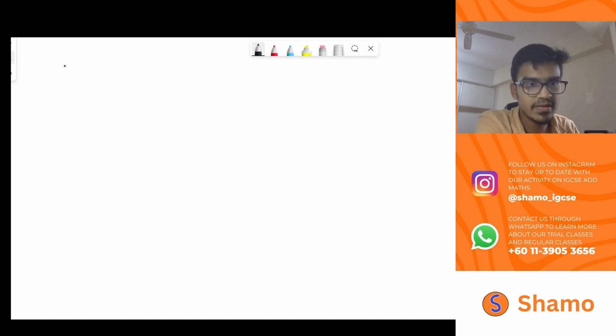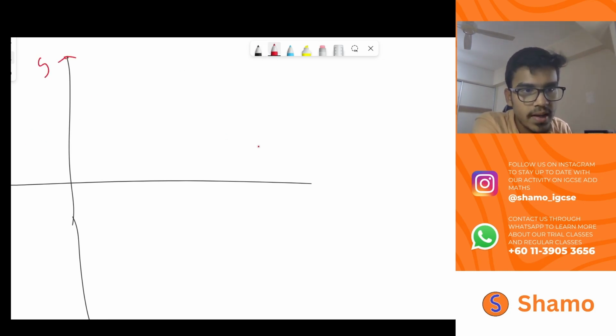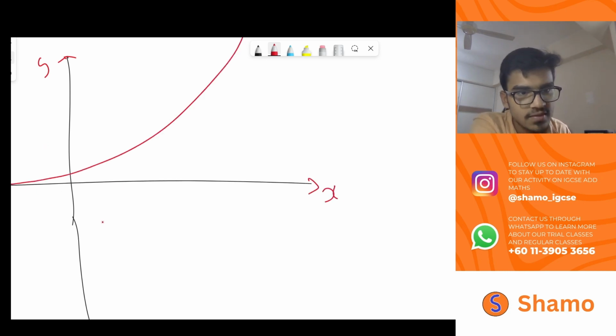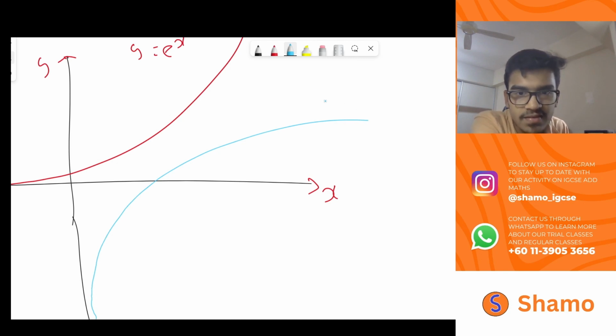Okay, let's plot e to the power x and ln x together. Let me make the graph bigger. This is y, this is x. The red graph, y is equal to e power x, will look like this. Let me draw the ln x graph in blue. It looks something like this: y is equal to ln x. We know they are inverse functions of each other, don't we?